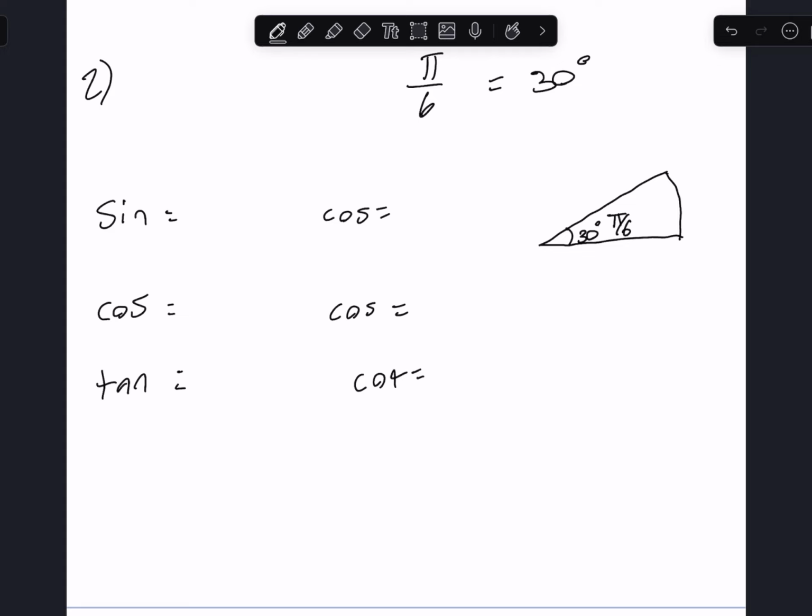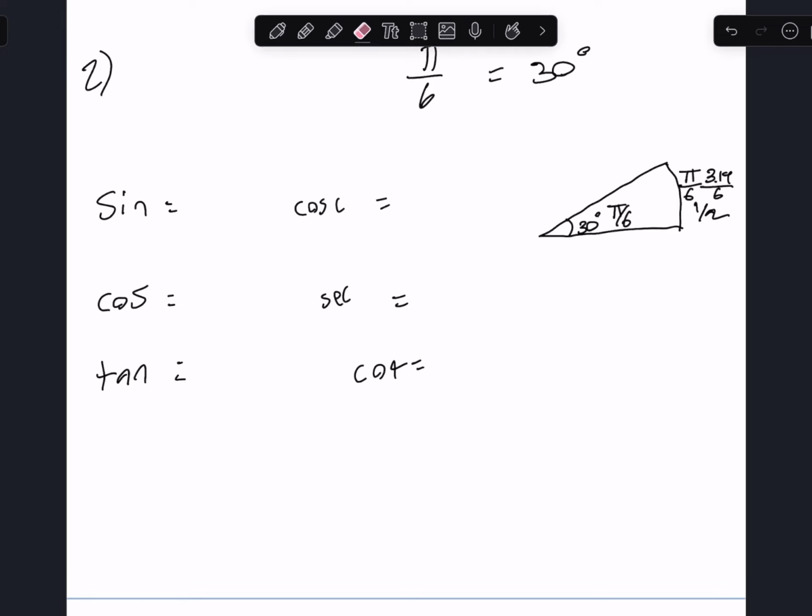Now, this side right here would be equal to pi over 6, which in other words is 3.14 over 6, which in other words is also equal to half. Because pi is so large and it goes on for so long. All right, now we have half.